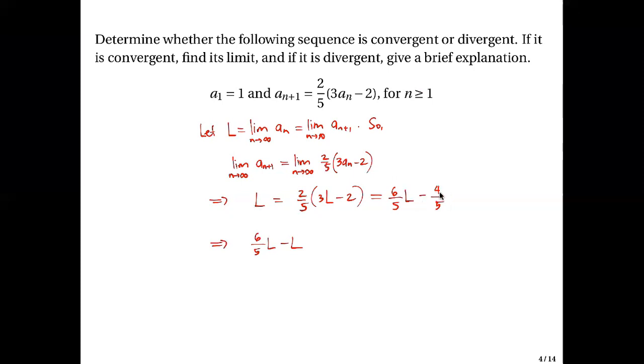And then I'll bring negative 4 over 5 to the left-hand side, and then I'll switch the equality. So this is equal to 4 over 5. And then 6 over 5 minus 1, that's just 1 over 5. So we have 1 over 5 L equal to 4 over 5, which gives us L equals 4. So this is the limit of this sequence.